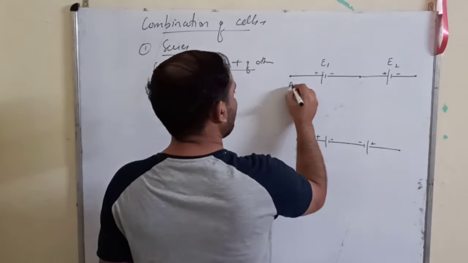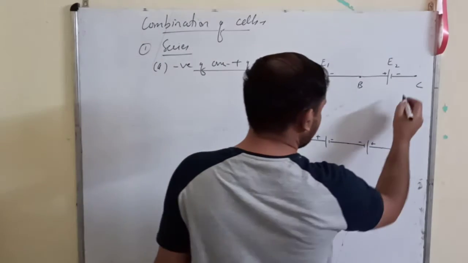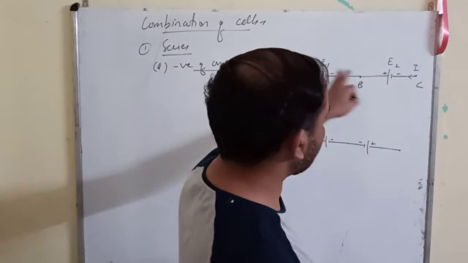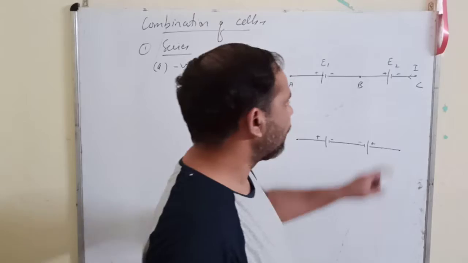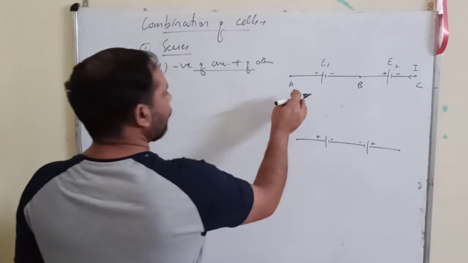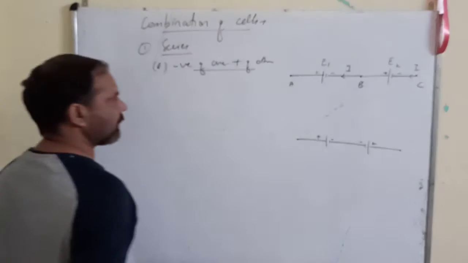Suppose this point is A, this is B and this is C, and suppose the current is passing through this combination of cells from right to left. The same current passes through both the cells.